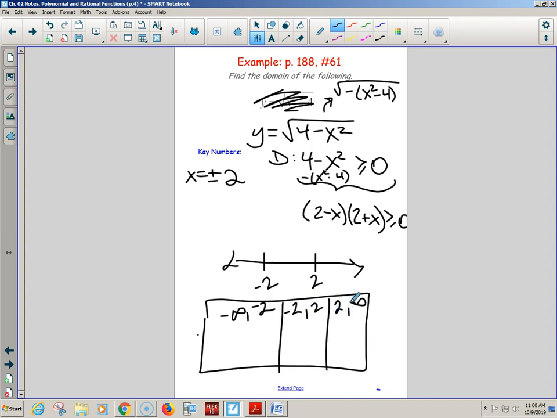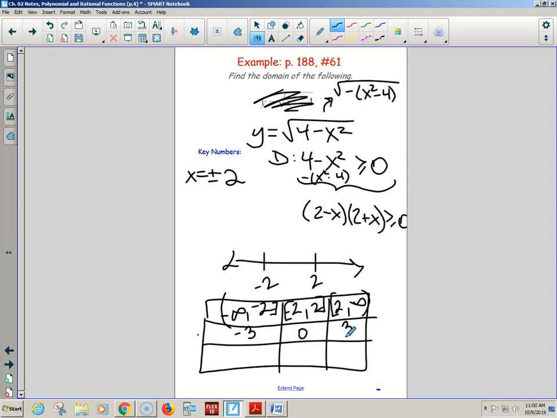Emily, am I doing parentheses or brackets? A little bit of both. So I'm going to be allowed to put brackets on everybody, because none of them are DNEs. Well, the infinities, they always have parentheses. If I need a test, right? So I could test something like negative 3. Does it work? Does it not? I could test something like 0. I could test something like 3.